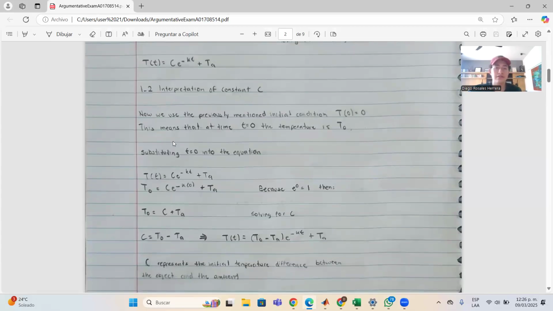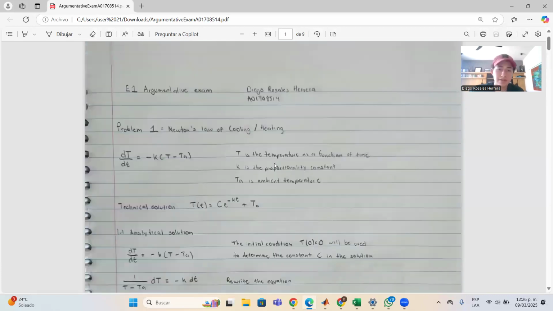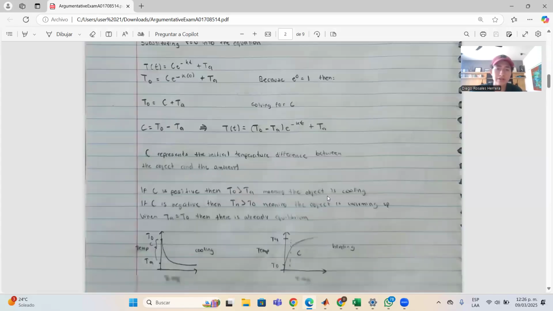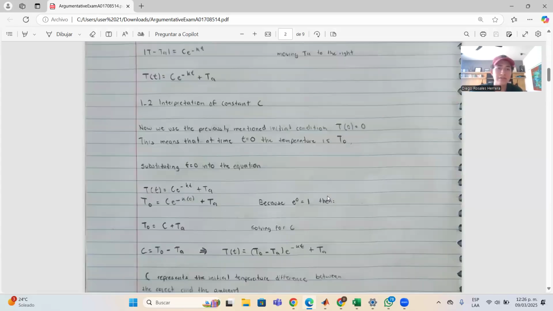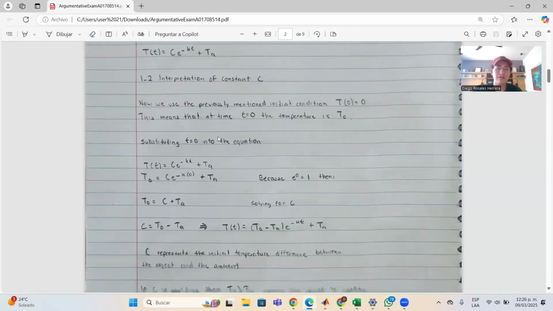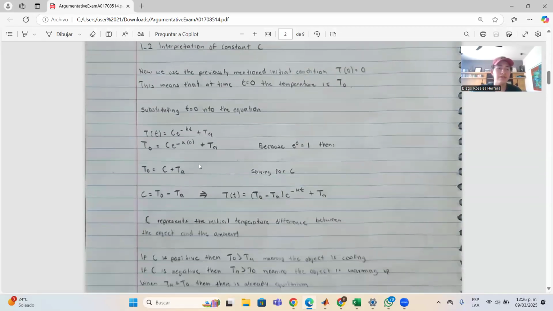Now to interpret the constants. As I mentioned before, we have the initial temperature T0, at time equals 0. We use this to find the interpretation of the constant. I substitute T0 into the equation: T0 equals C e to the power of minus k times 0, plus Ta.